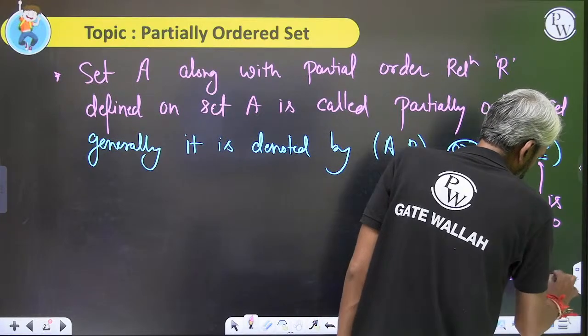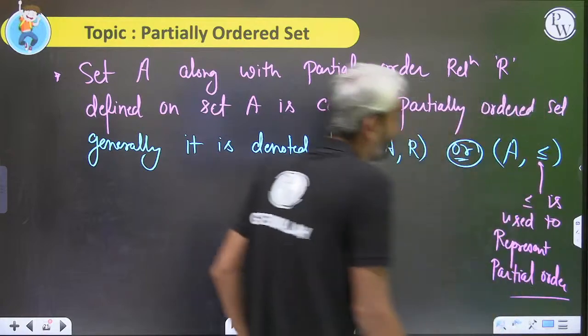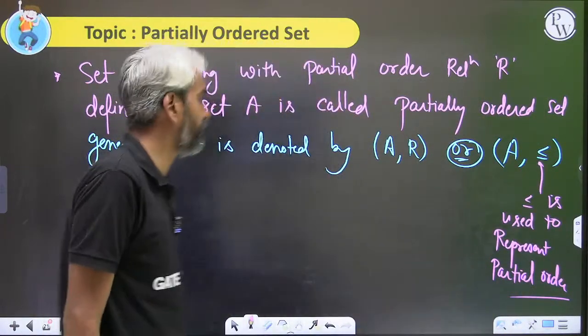They may say that this is a partial order, and then they can define what is actually being represented by less than or equal to. I'll give you an example in a while. Okay, let's try to understand.